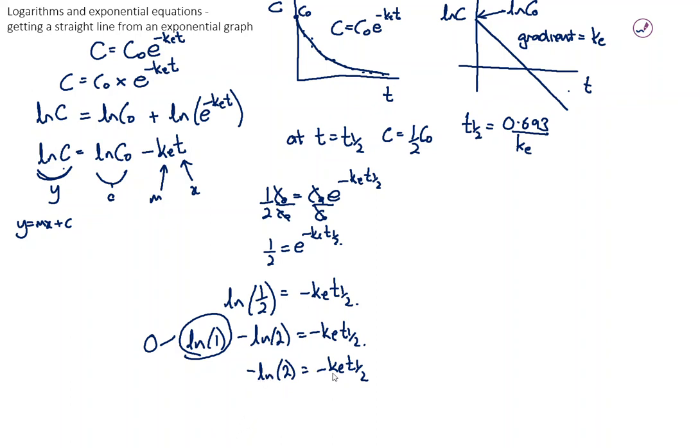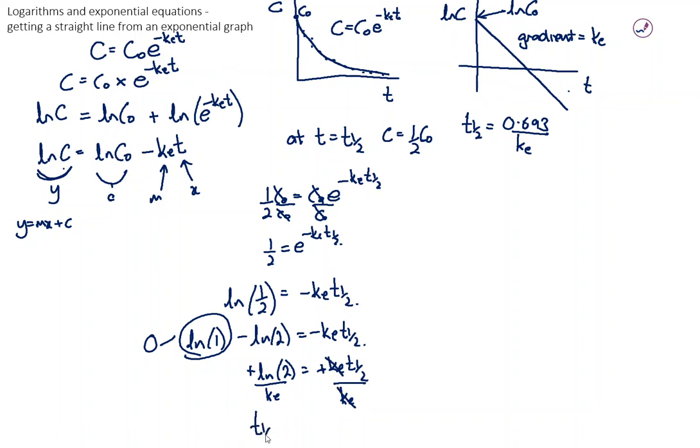I can multiply both sides by minus 1 to get rid of that minus sign. Then we can divide both sides by Ke, because at the moment I've got Ke times t half, so I just divide by Ke and that will cancel out.